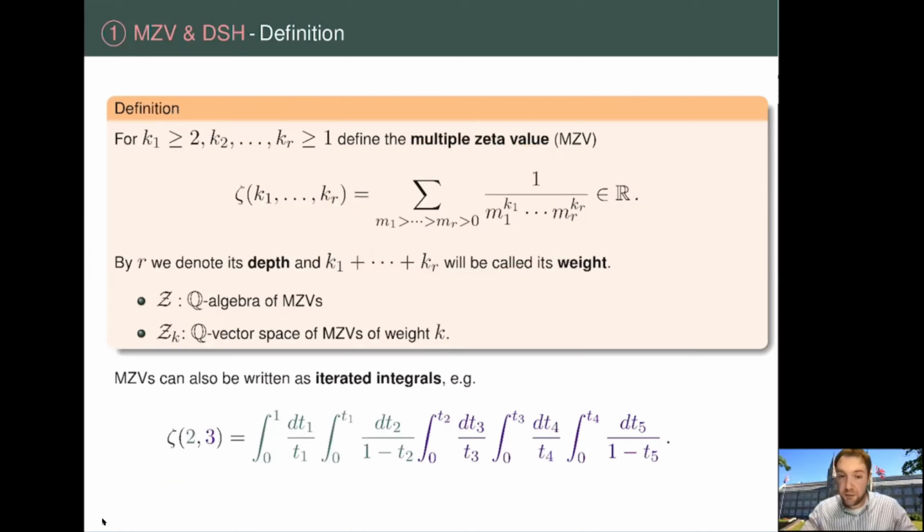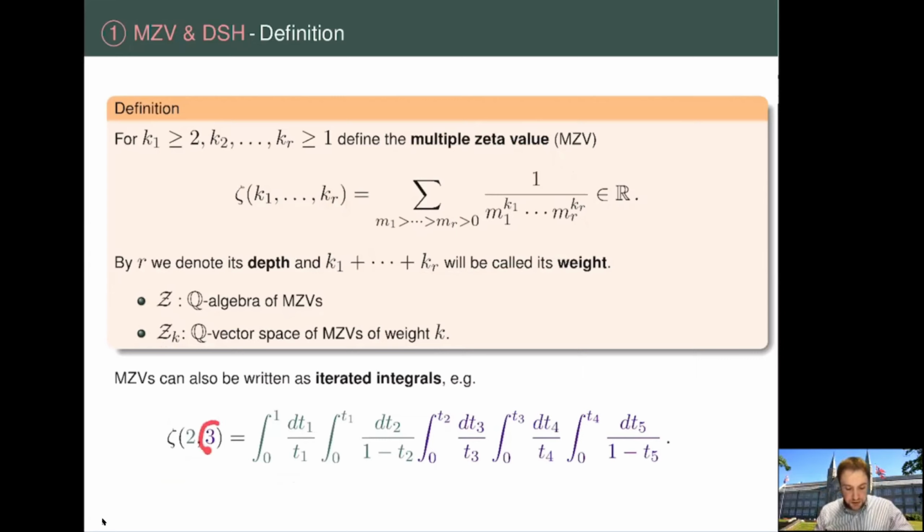So besides this representation as an iterated sum, we can also write multiple zeta values in terms of iterated integrals. I will not write this down in general, I will just give this one example. For example, this double zeta value, zeta(2,3), is of weight 5. And this can be written as this iterated integral of length 5, where I have two different differential forms, dt over 1 minus t and dt over t.